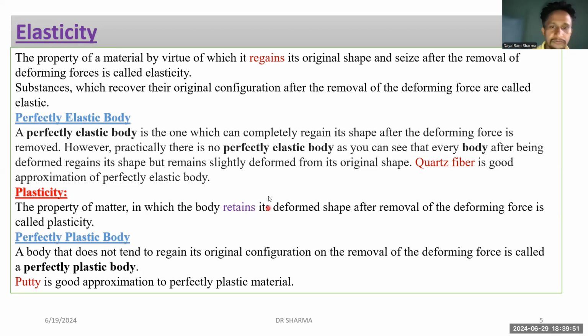Now, you have to be careful with the words which I have highlighted to know the difference. Elasticity is the property of a body to regain original shape and size, but plasticity is the property of a body to retain, meaning keep, the deformed shape.